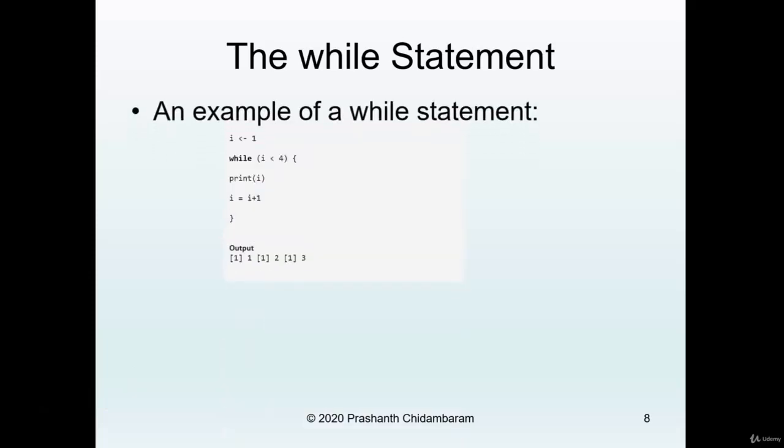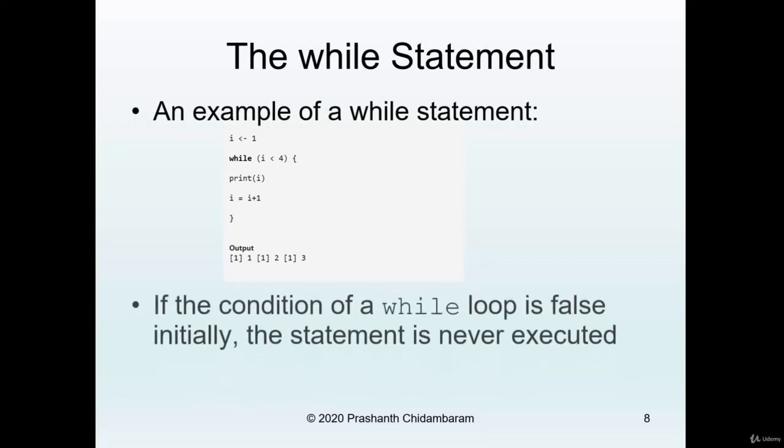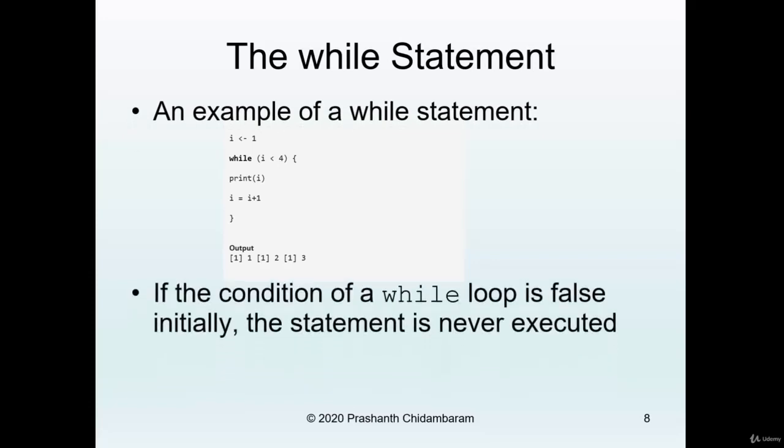I can explain this with an example. So let's look at this one. i is equal to 1. So long as i is less than 4, you keep printing i and also increment i by 1. For the first case, i is 1, so 1 is less than 4.